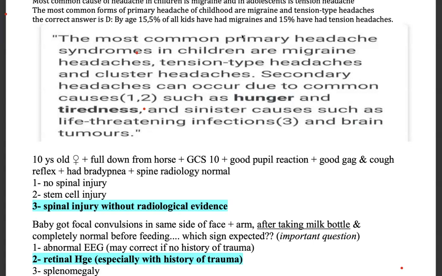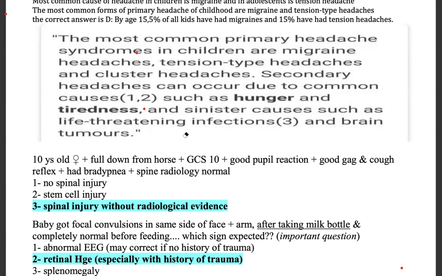So again, the most common causes of headache in children are the primary syndromes, that is migraine, tension-type headache and cluster headache. Secondary headaches can be due to stress like hunger. You're hungry, you feel headache. You're tired, you feel headache. And there are sinister causes such as life-threatening infections and brain tumors.